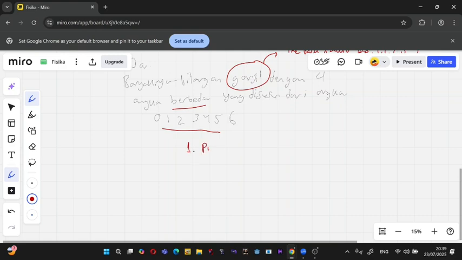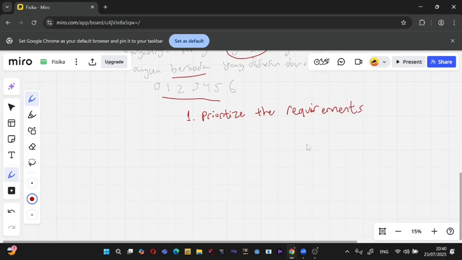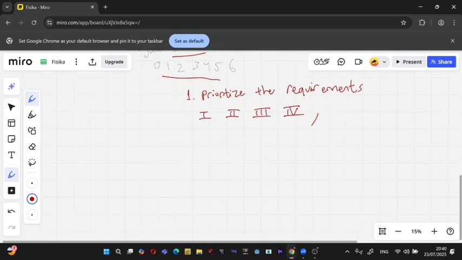So in this question, you want to prioritize the requirements, right? In order to make an odd number, the back needs to be an odd digit. So, okay, hear me out. First of all, you fill in the requirements, which is the back of the number: 1, 3, 5.